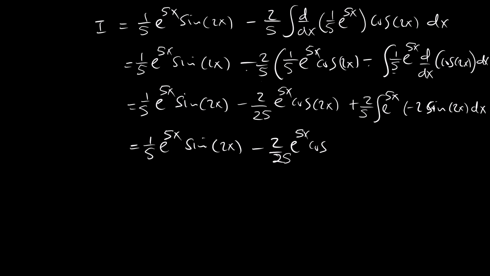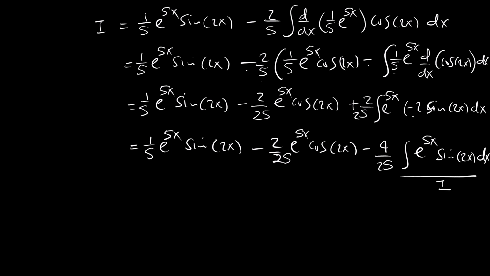Sorry, we had to bring this 25 here, and now we can pull this negative 2 out, so we have negative 4 over 25 integral of e to the power 5x sine of 2x. And we see that this is the same as I as well.